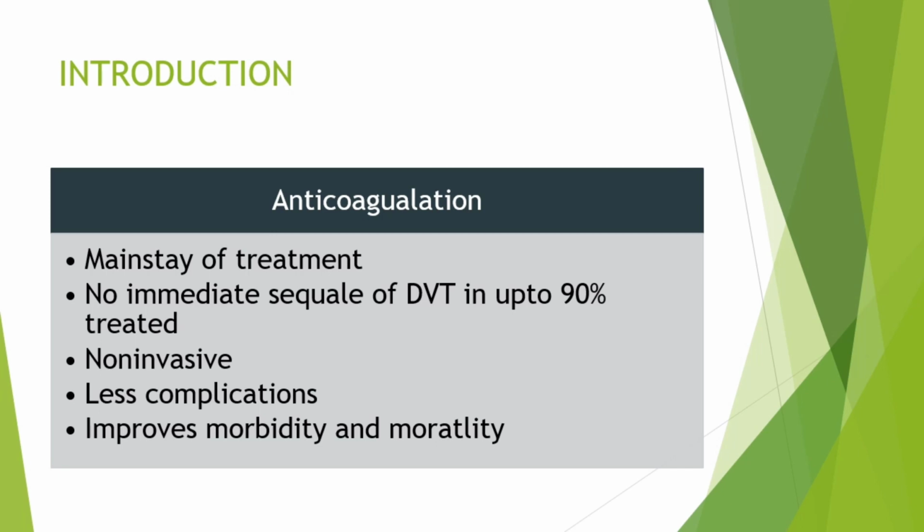The next advantage of anticoagulation therapy is that the therapy is non-invasive compared to catheter-based therapies and thrombectomies. Less complications are associated with anticoagulation therapy, and anticoagulation therapy improves morbidity and mortality in these patients.